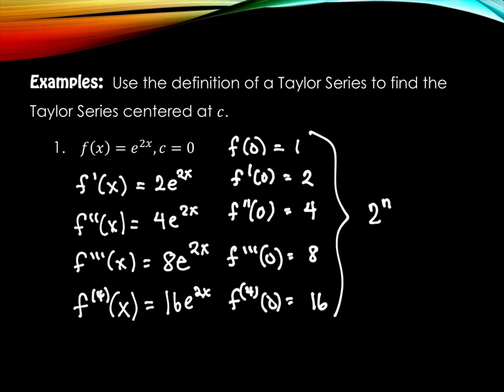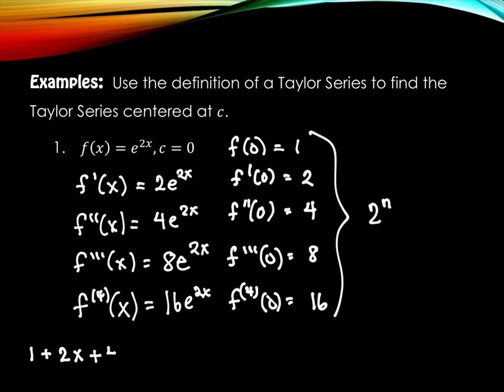We're supposed to write down the polynomial that we get and then write it in a condensed form, a nicer expression. So in particular, we have the number 1, and then our derivative, which was 2, times x minus c, which is x minus 0, or just x.